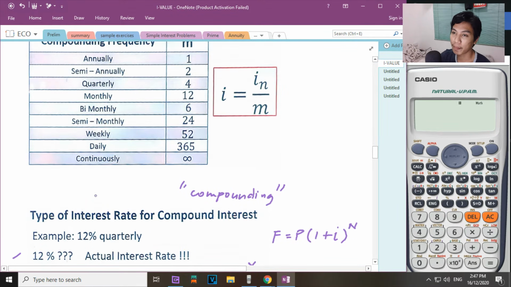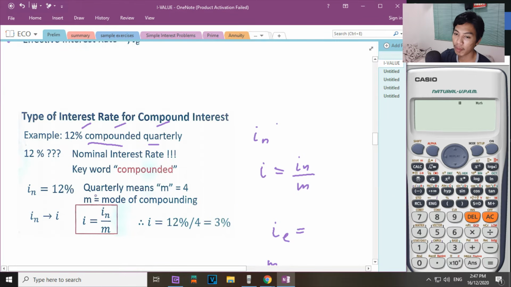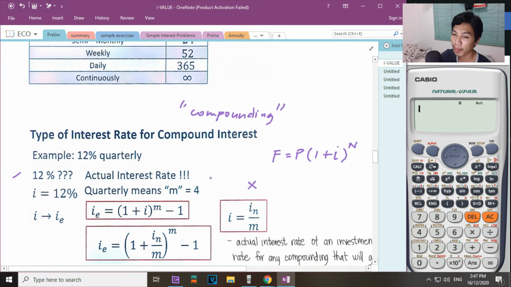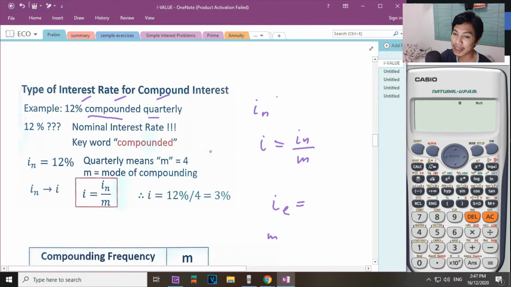Again, kapag hindi sinabi sa problem kung ano ang iyong compounded interest, okay? Pag sinabi, quarterly lang, 12% quarterly, as is, that is actual interest rate. Ngayon, kapag sinabi sa problem, compounded quarterly, ibig sabihin that is the nominal rate of interest.